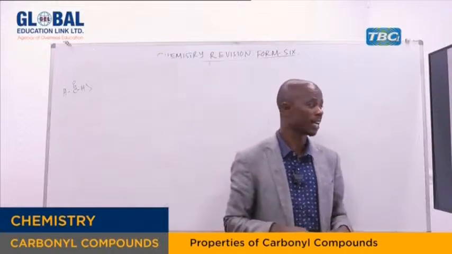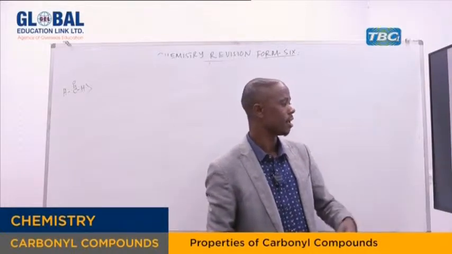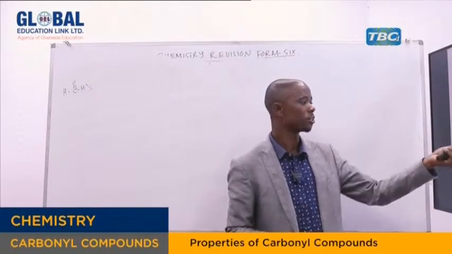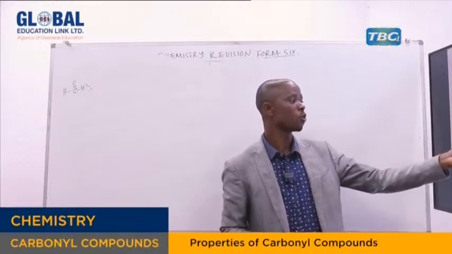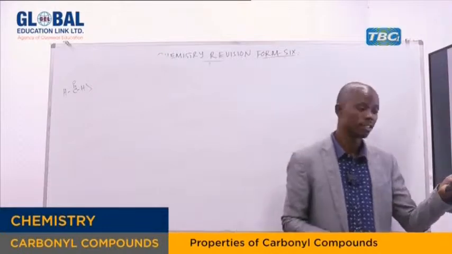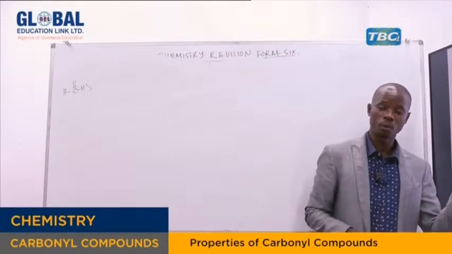From there, we go to another aldehyde. Here we have this one. This is ethanal. And also we have propanal. Propanal has 3 carbon atoms. So this one will experience stronger positive inductive effect than ethanal. So the ethanal will experience less positive inductive effect.